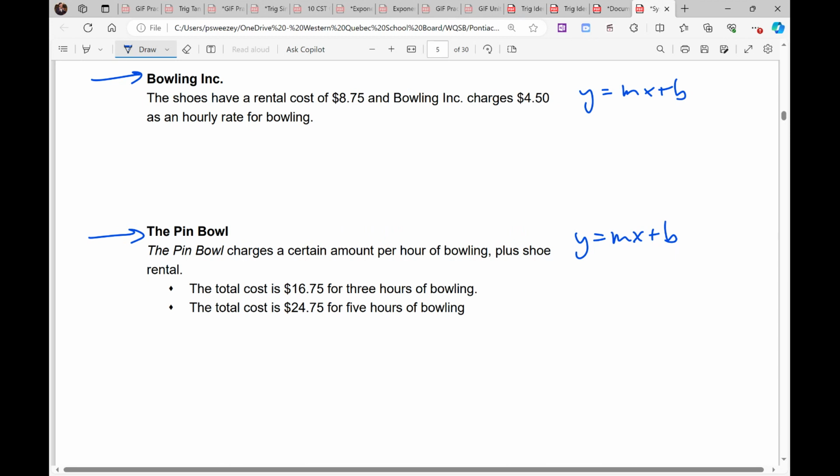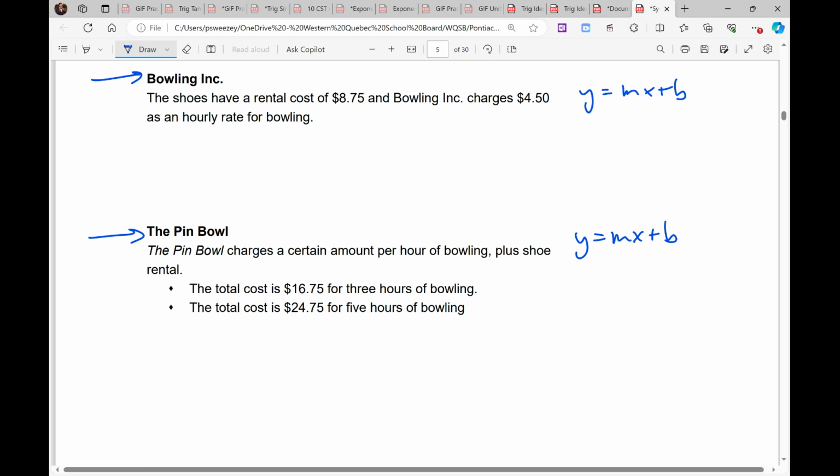The shoes have a rental cost of $8.75. Bowling Inc. charges $4.50 as an hourly rate for bowling. Now, in terms of the information that was just provided, we're trying to think: did they just give me a point? Well, it says charges an hourly rate.